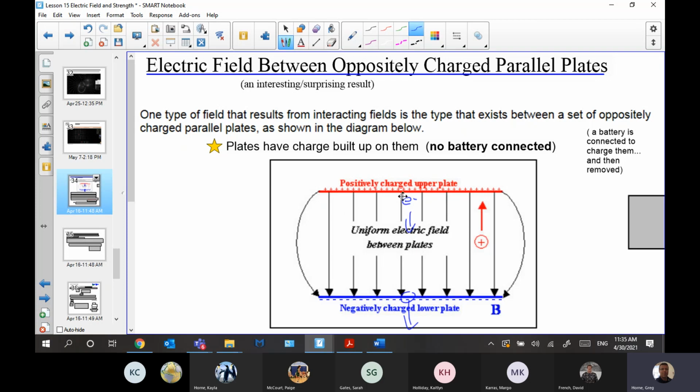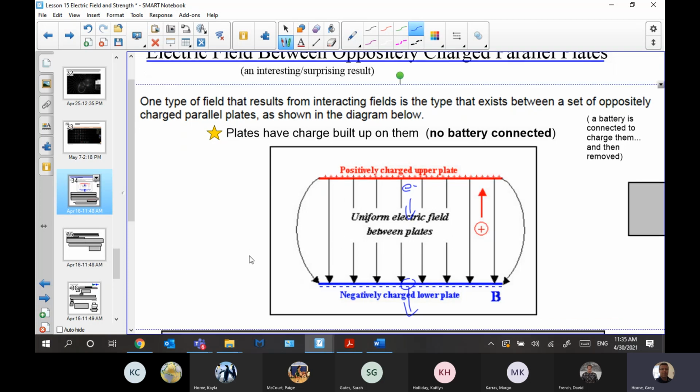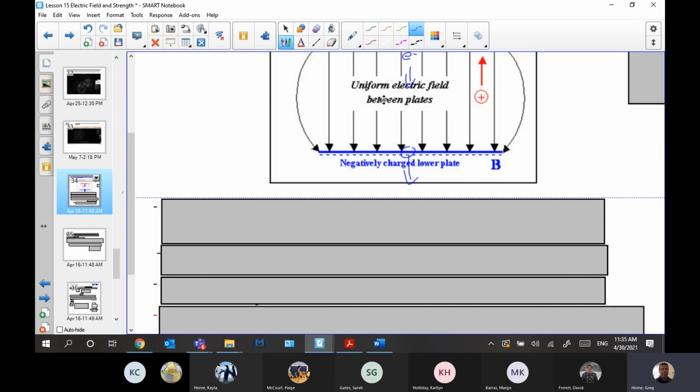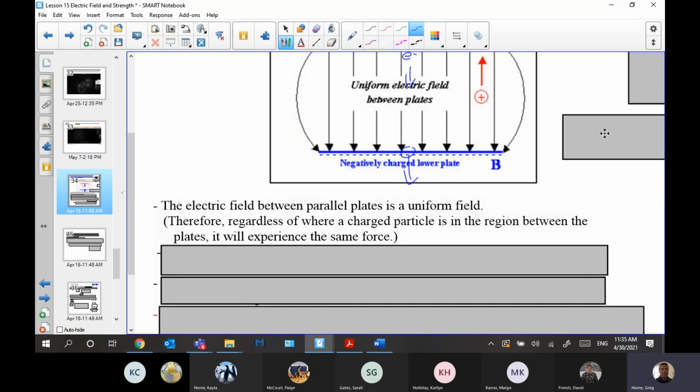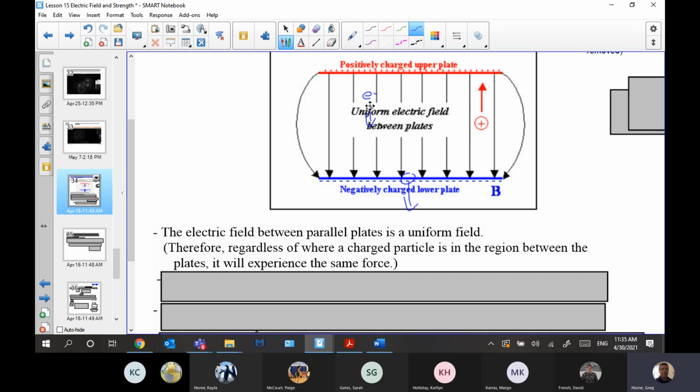But anyway, in a parallel plate, there are some neat things. Notice how the lines are drawn, very uniform. The electric field between parallel plates is uniform. So it doesn't matter where this electron is, close here, close there, over here, over there, or this positive, if I move it around, it's going to be the same force on it, which is really neat.